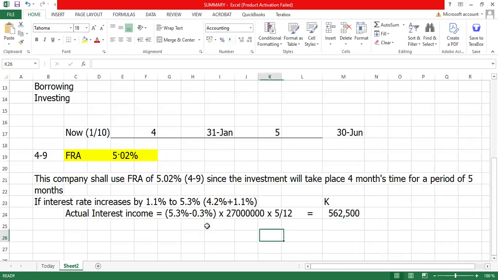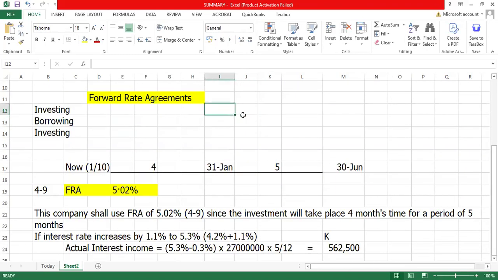As an investor, you always expect to maximize profit, or return. So you enter into an agreement saying that the future rate should not fall below this.